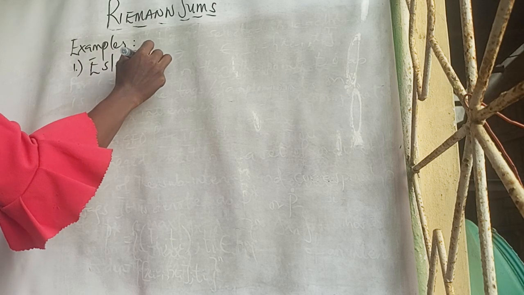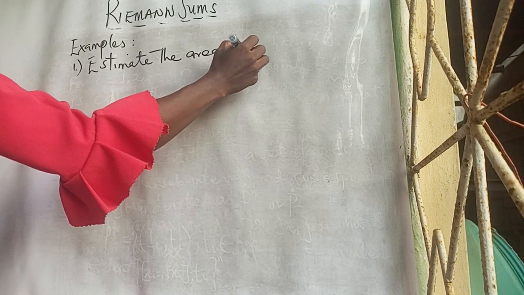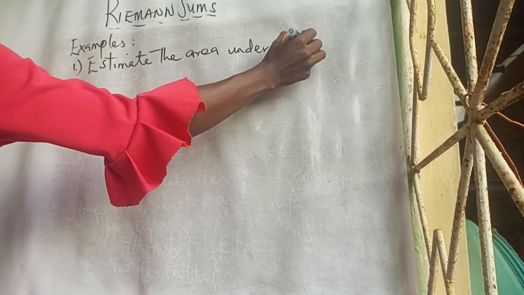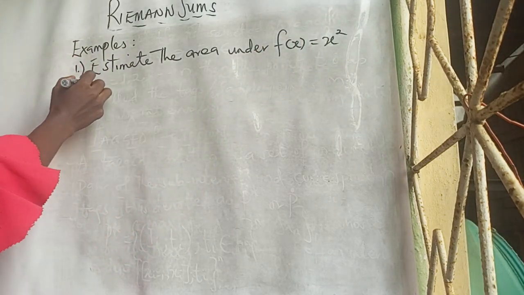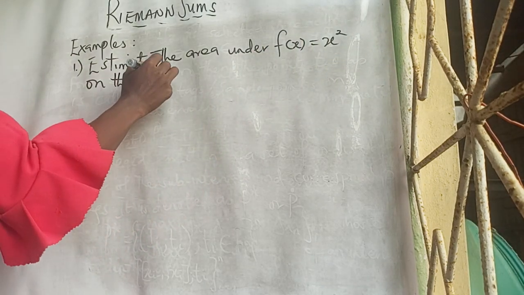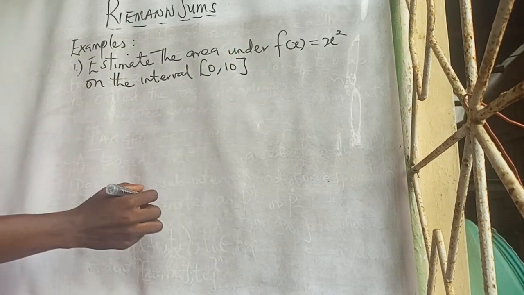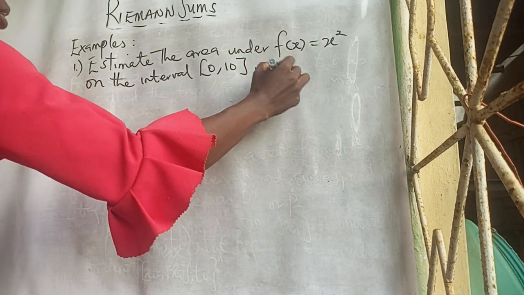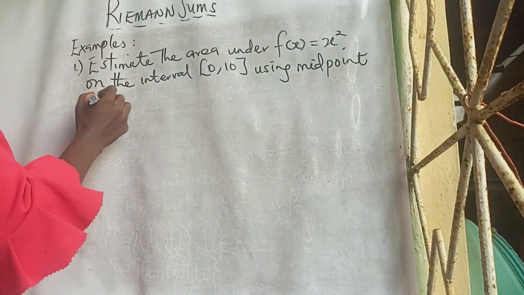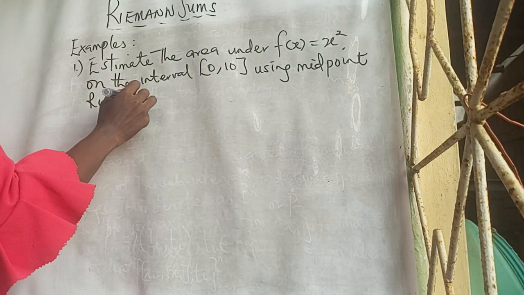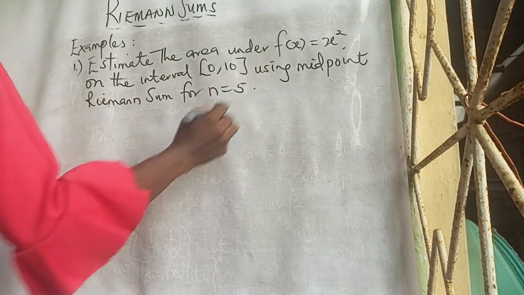It says, estimate the area under f of x equals x squared on the interval 0 to 10 using midpoint Riemann sum for n equals 5.